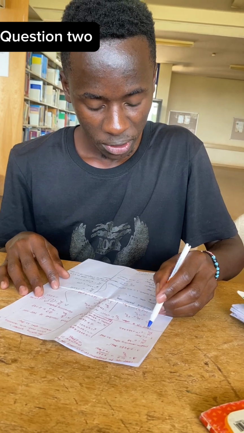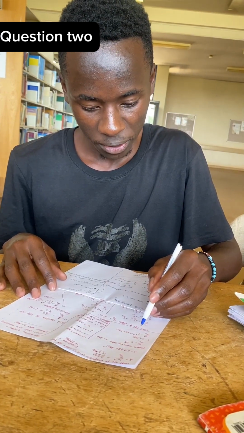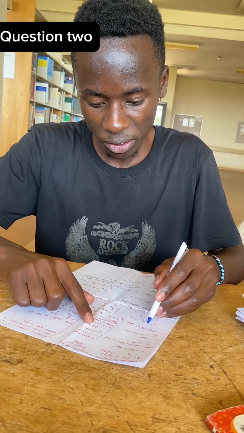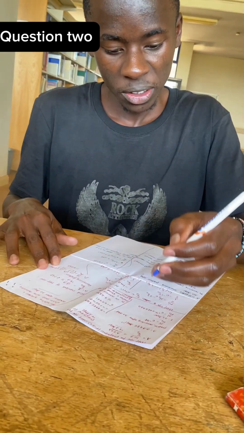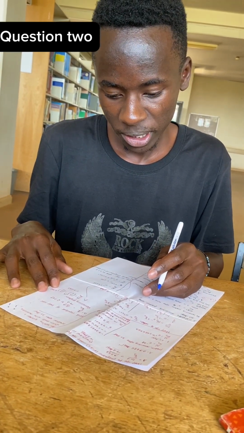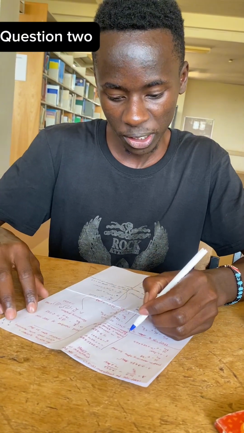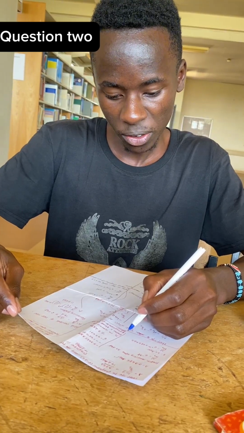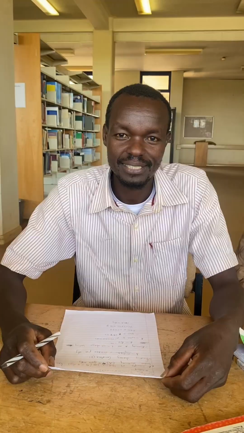So N over N0 equals e^(-0.0485 × 30), which gives negative 1.455. Applying the exponential, we get approximately 0.2336. So about 23% of phosphorus P32 atoms remain after 30 days.